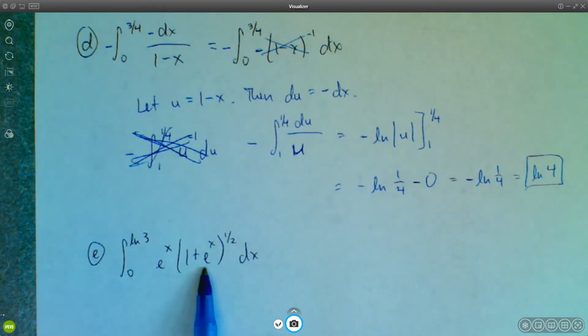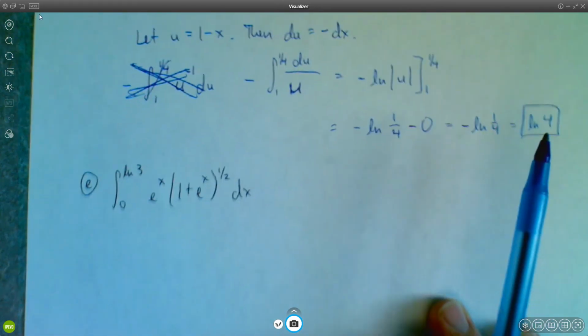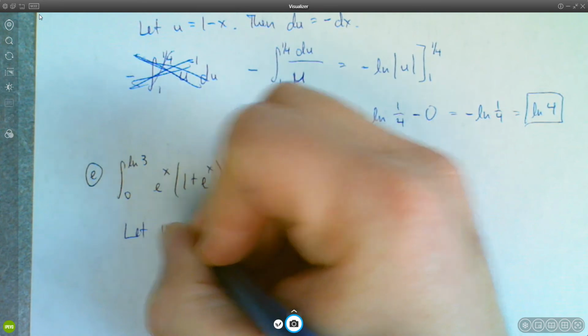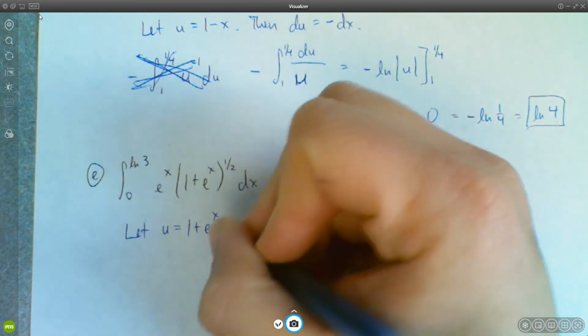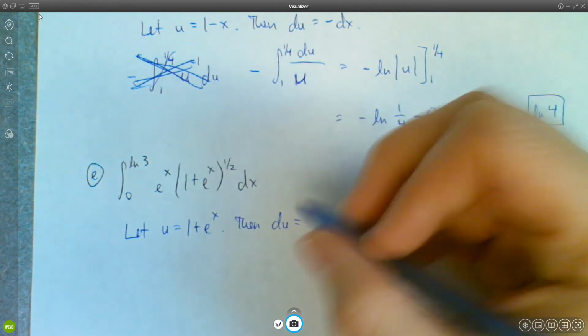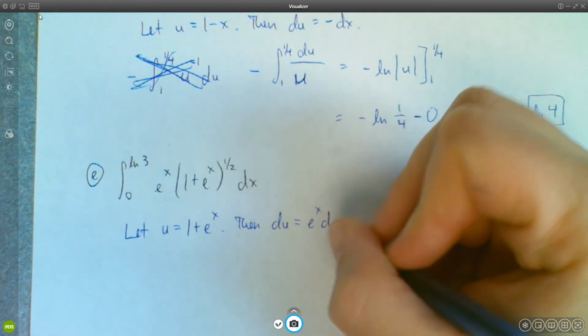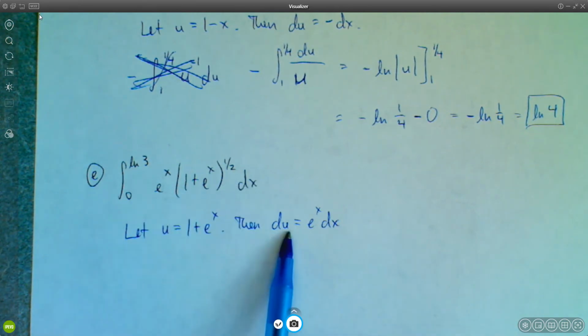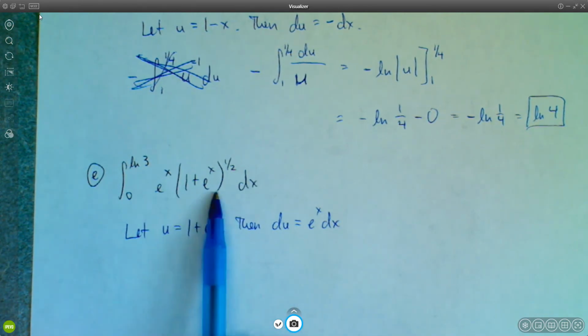The derivative of 1 plus e to the x is just e to the x. So that'll be very nice. So let's let u be 1 plus e to the x. Then du is going to be e to the x dx. So e to the x dx is going to be replaced with du. 1 plus e to the x is going to be replaced with u.